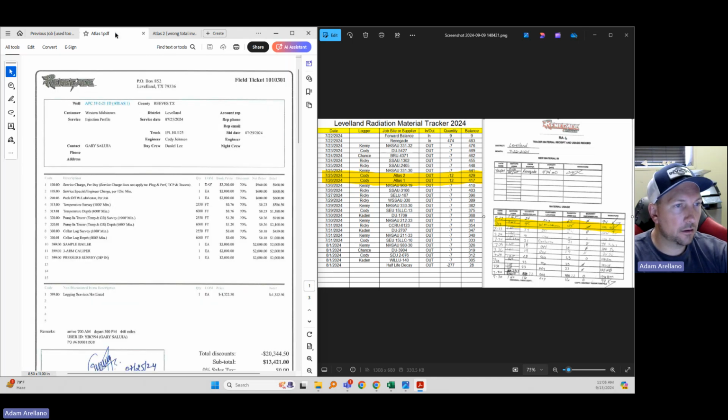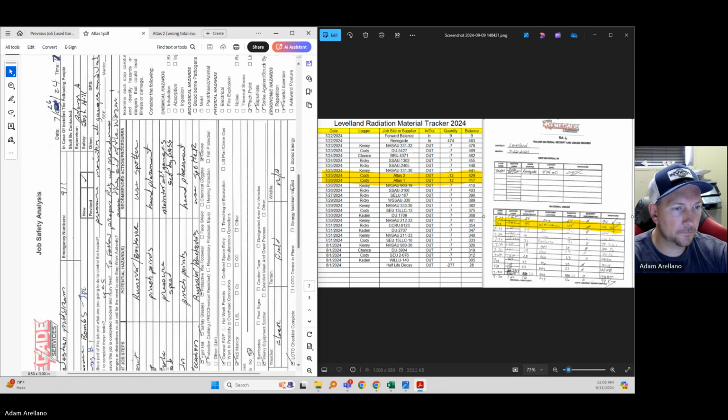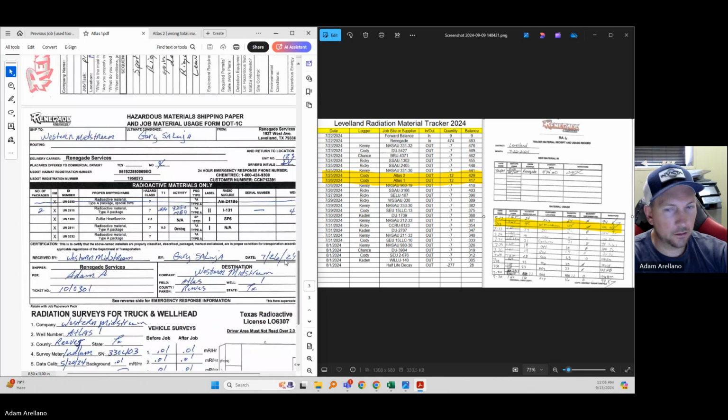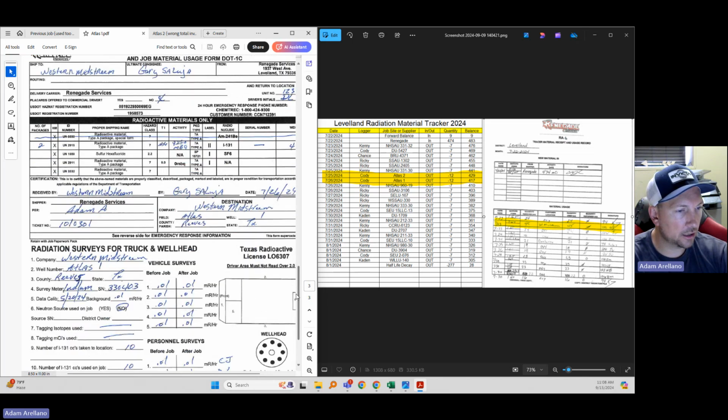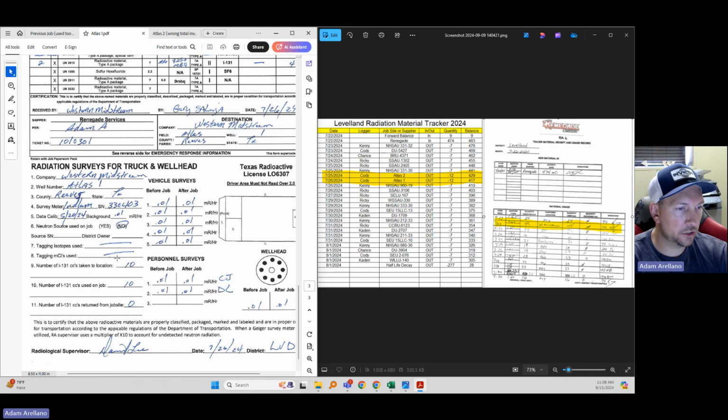But on the 25th, we should have had 45 millicurie with 2 days of decay, maybe close to 40 millicurie on the truck, and we show we only have 10. So that is way far off of what we should have.